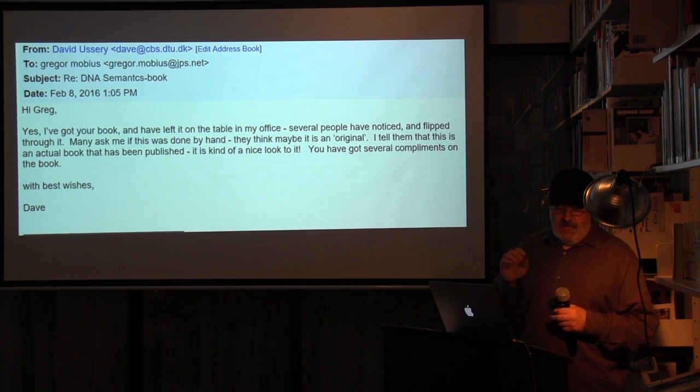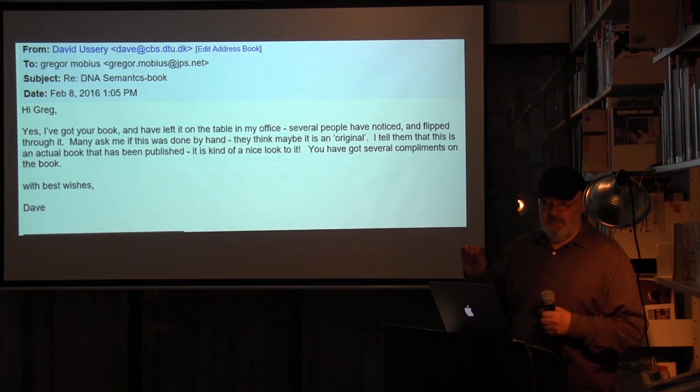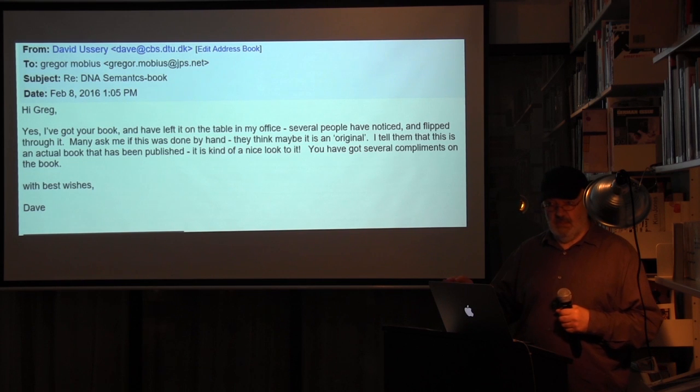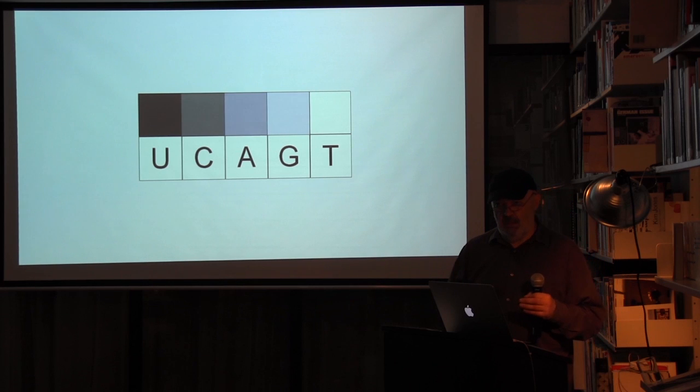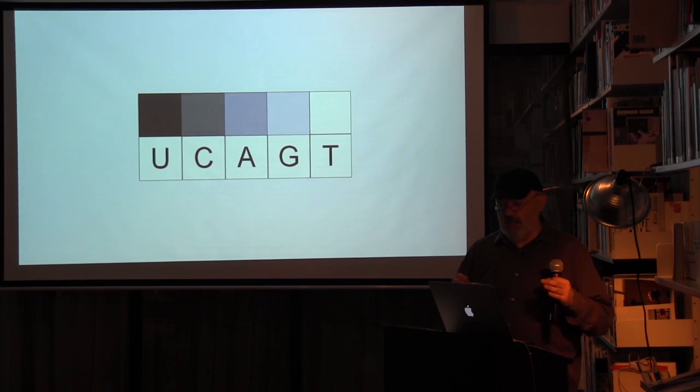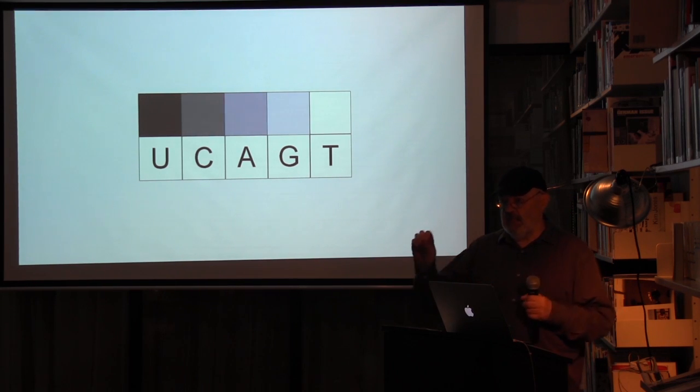Because this can have an implementation in biology, but this is not about biology. In a way, this is not about what DNA does. That's what biology is. It is about what might be the meaning of DNA.